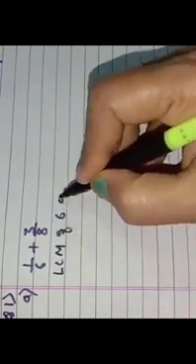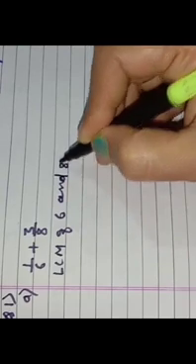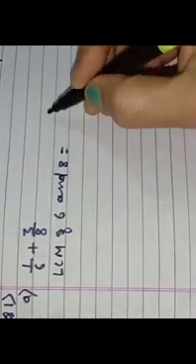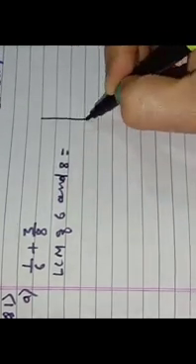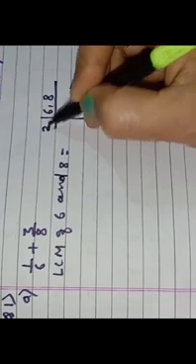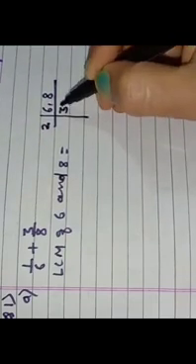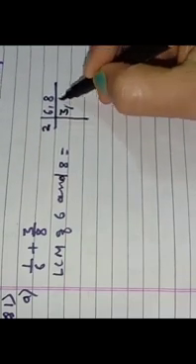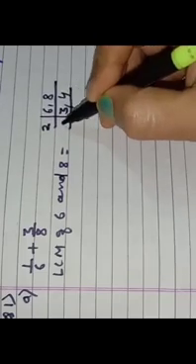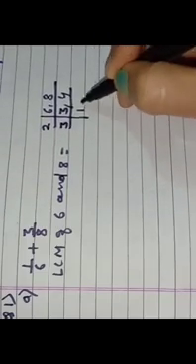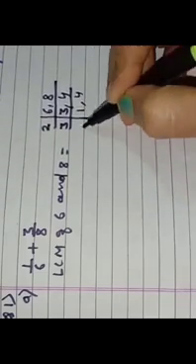LCM of 6 and 8 is equal to, we find the LCM this side as we know 6, 8. The common factor is 2. Then 2 3s are 6 and 2 4s are 8. Now 3 1s are 3 and 4 is as it is.